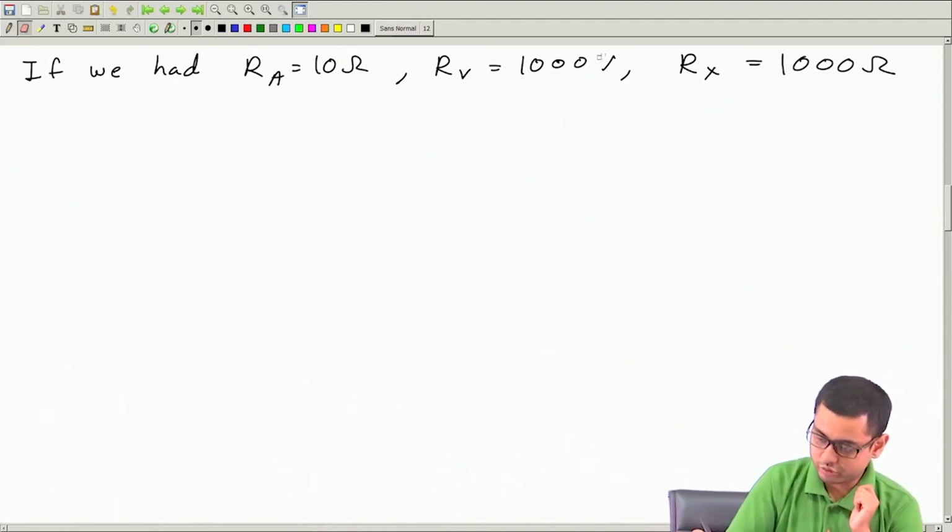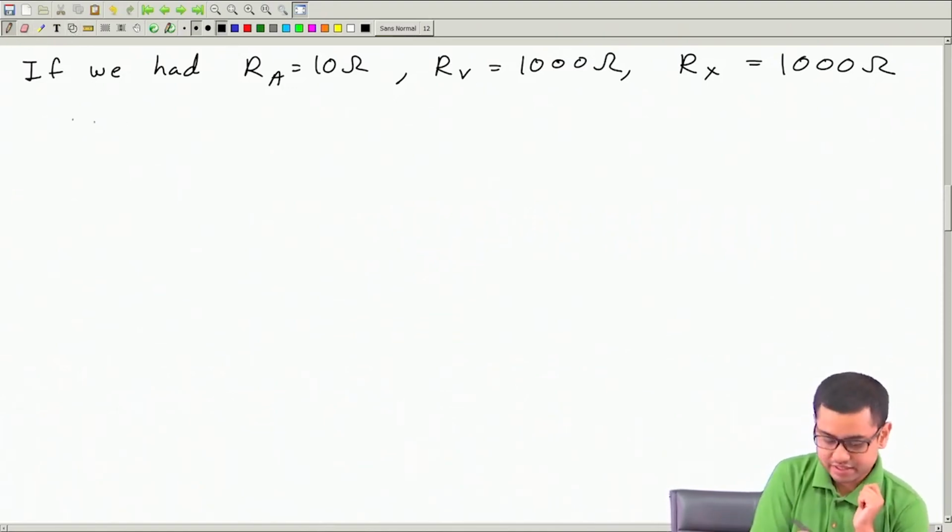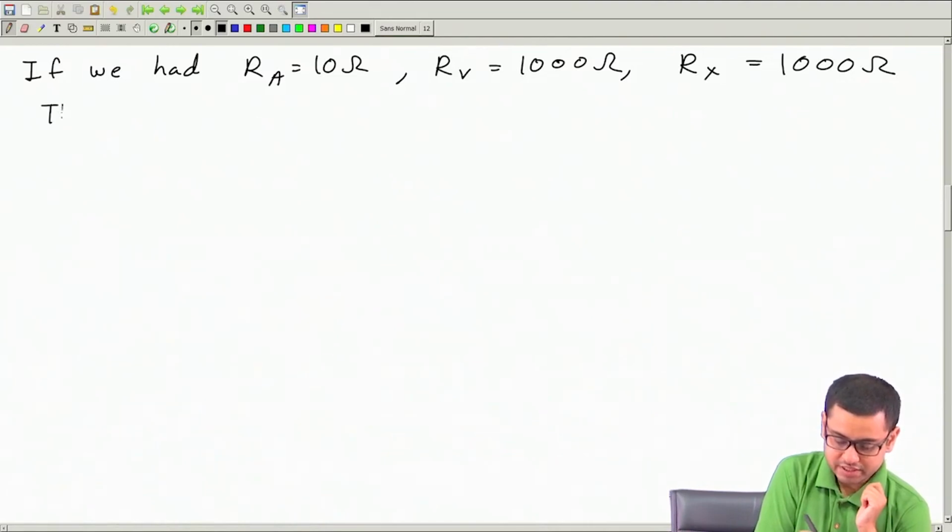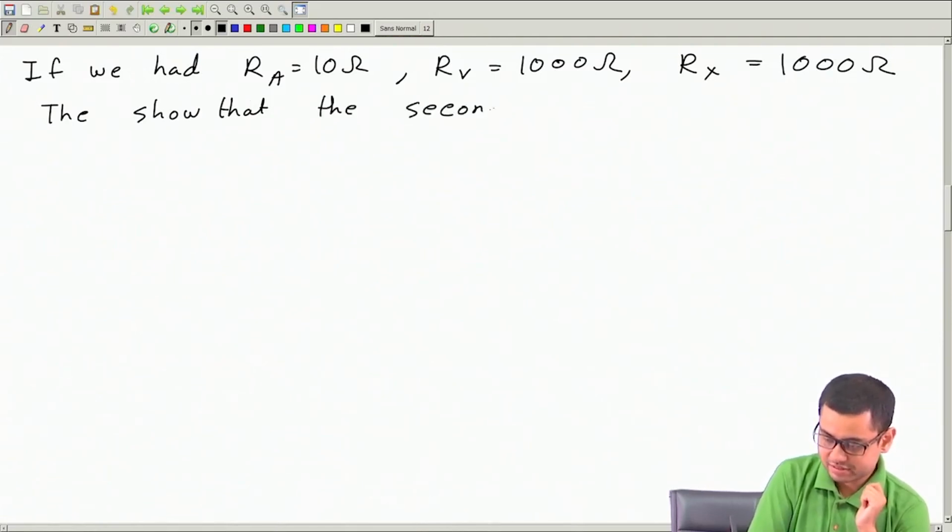Sorry, this is not volt, this is ohm. Then you can show that the first circuit will be better than the second circuit.